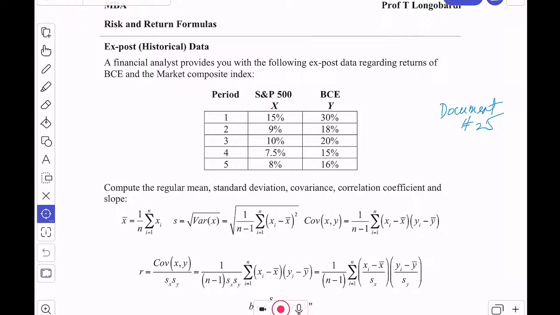From statistics, we discussed that this is the mean, this is the standard deviation, and this is the covariance. I explained to you the covariance looks like the variance, but I'm covarying. You can look back at the video we did in January regarding the covariance.